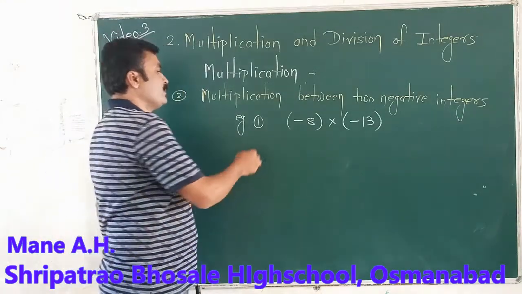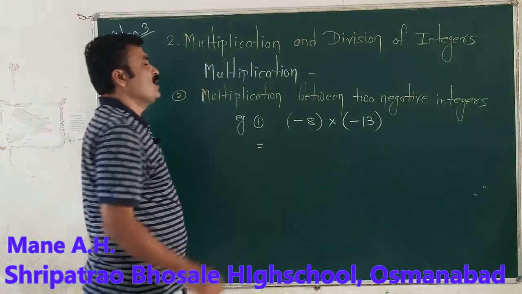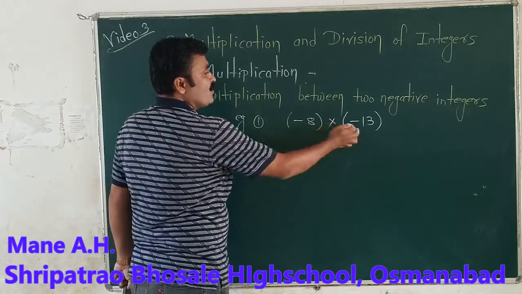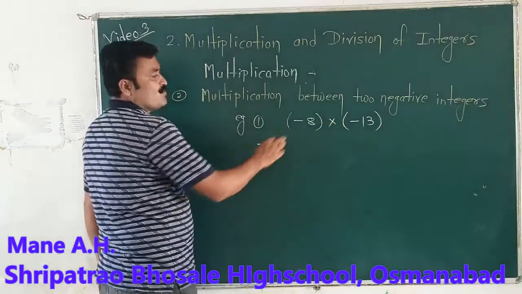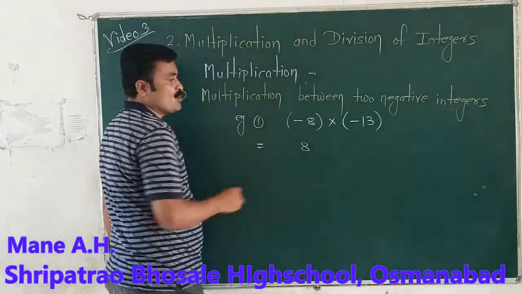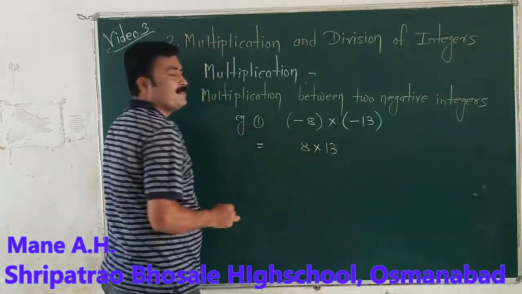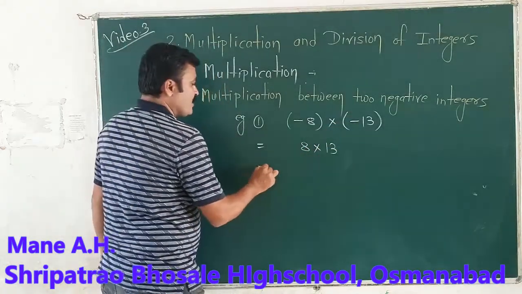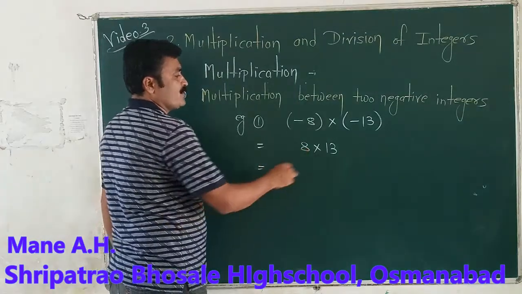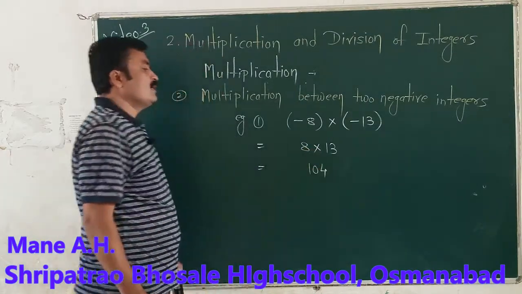So while taking the product of these two negative integers, the step is that first we take the magnitudes of these two integers. The magnitude of minus 8 is simply 8, into the magnitude of minus 13, which is simply 13. Now let's take the product of these two magnitudes. So 13 8s are 104.